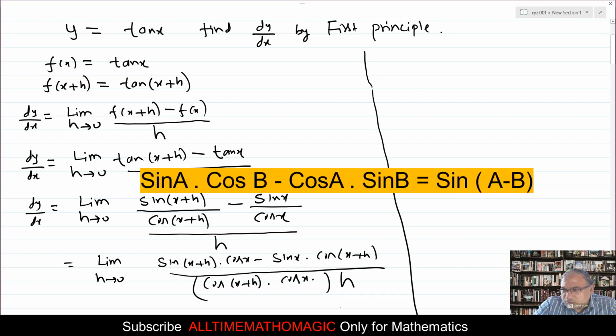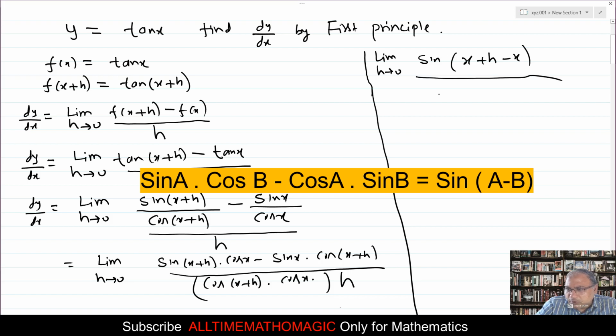So limit h tending to 0. This is sin a cos b minus cos a sin b, so sin of a minus b, that is sin h, upon cos of x plus h cos x and h, divided by h, limit h tending to 0.